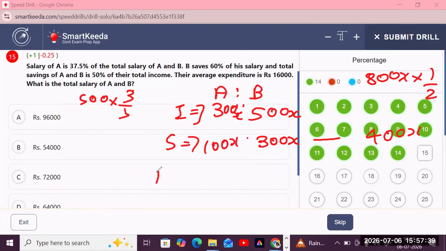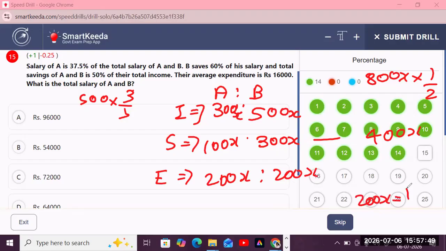The average expenditure which is यहाँ पे 200x यहाँ पे भी 200x. So average salary which is 200x is equal to 1600. So x is equal to 80. What is the total salary of A and B? 80 is equal to 64183.